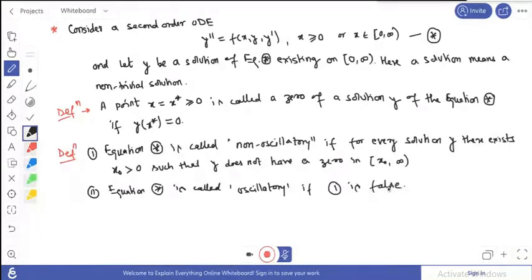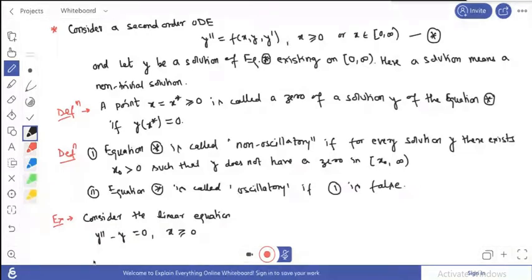Now suppose we consider a linear equation, a simple example: y double prime minus y equals 0, where x lies between 0 and infinity.